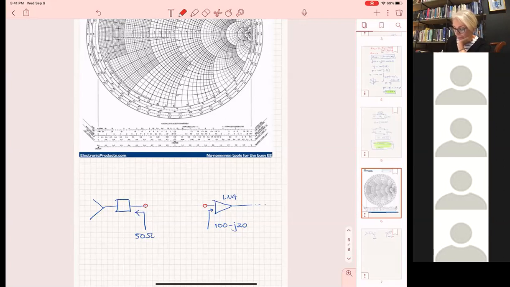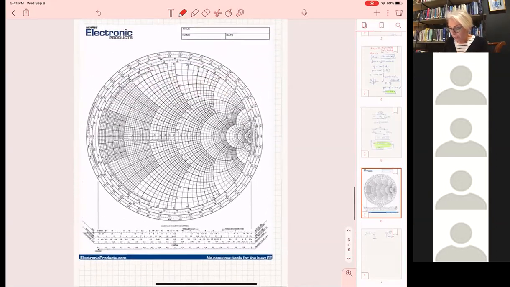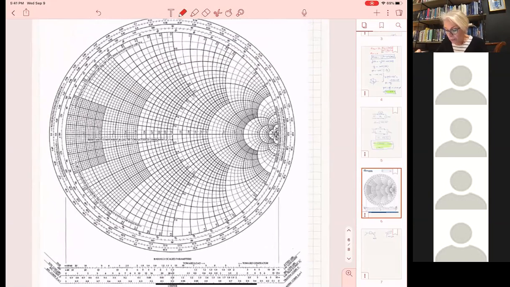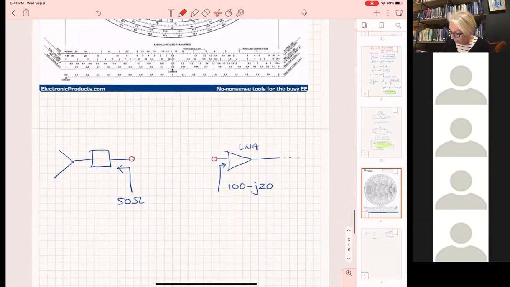Now, you remember this is very similar to the problem. We need to start with where we are, and where we are is the 100 minus J20. Let's try on the Smith chart to find 100 minus J20. But we need to normalize things, all right? Don't forget the normalization.